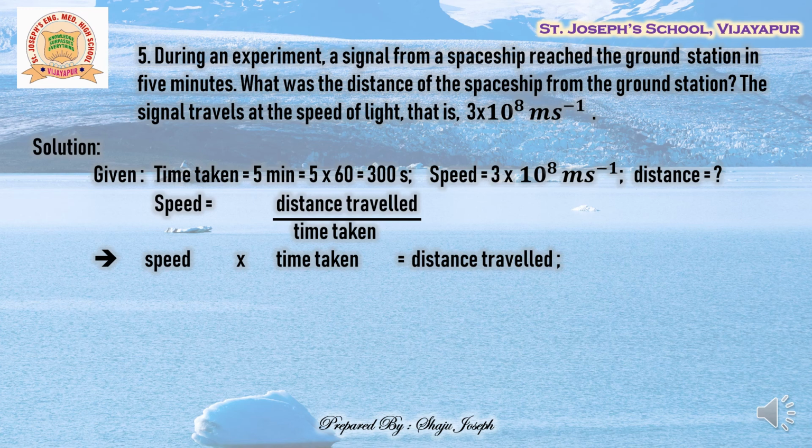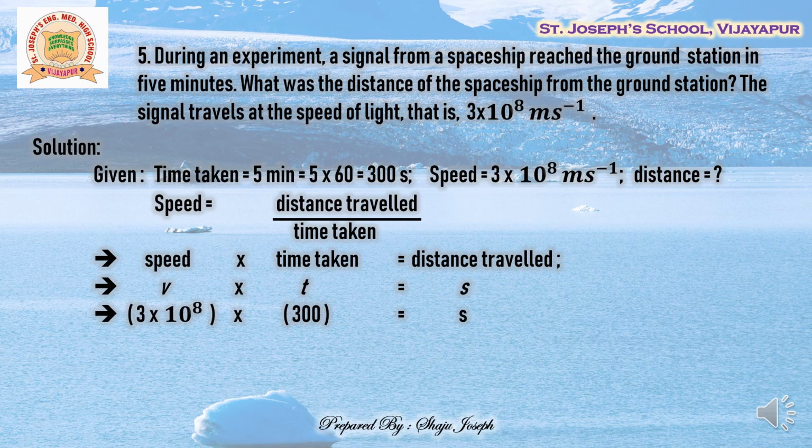So it becomes speed into time taken equals distance traveled. We changed the formula for our convenience because we wanted to isolate distance traveled. In symbols, we can write speed as v into time taken t, which is equal to distance traveled, given by s.